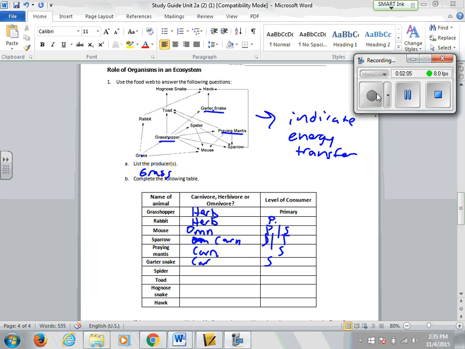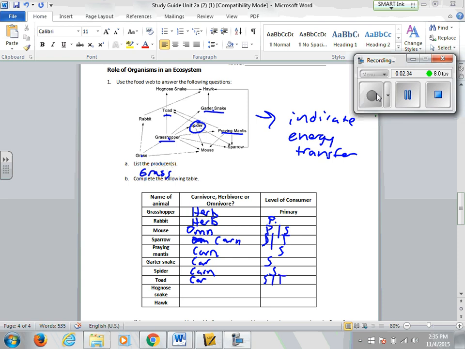All right, spiders right here. So spider's going to eat the grasshopper. So that's going to be a carnivore, and that's going to be a secondary consumer. All right, toad eats the grasshopper, eats the spider, eats the praying mantis. Carnivore, so it can be a secondary consumer, or it can be a tertiary consumer.